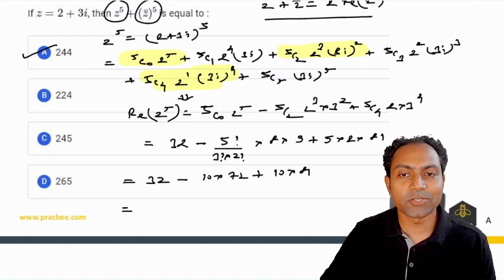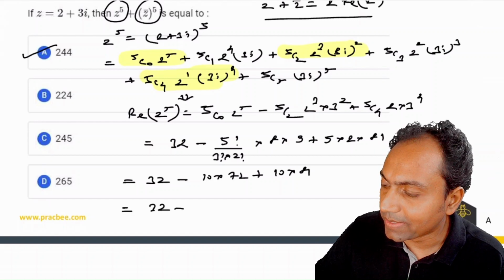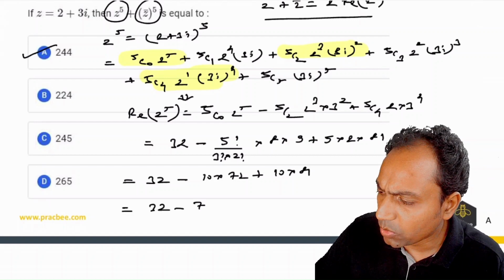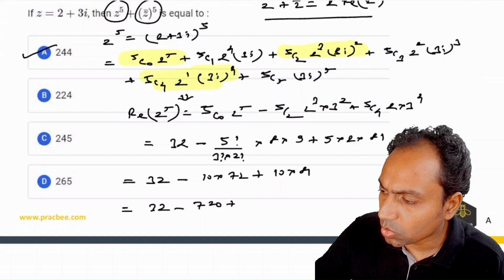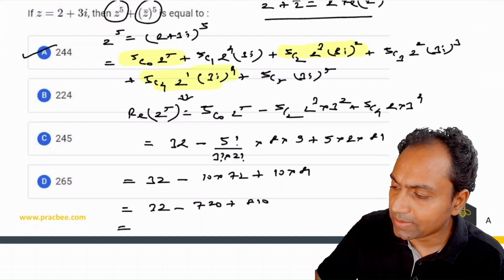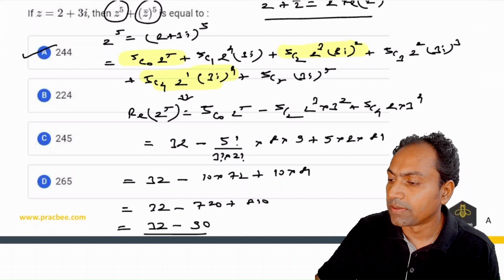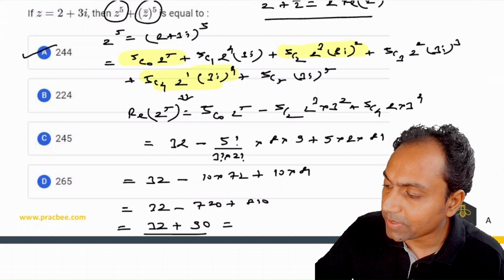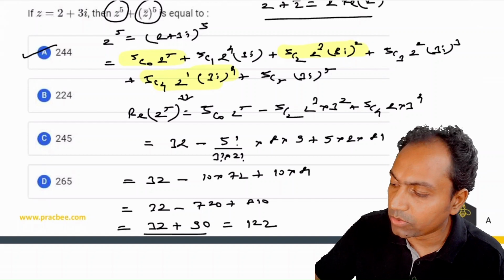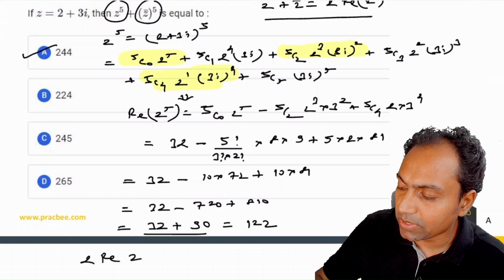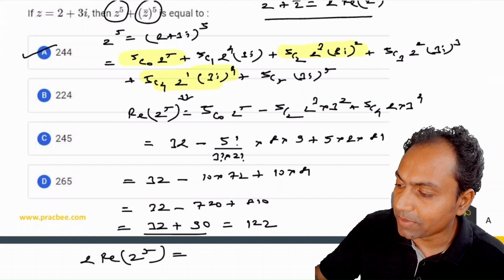If we simplify this, what we get is 32 minus 720 plus 810, and this is 32 minus 90 and 32 plus 90, which becomes 122. And what we want is 2 times the real part of z raised to the power 5, and that becomes nothing but 240.